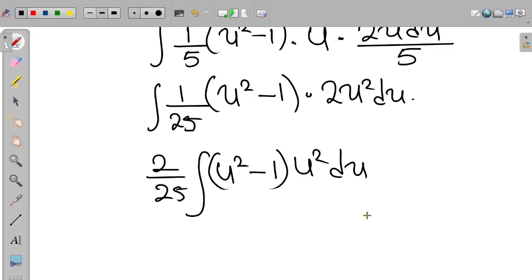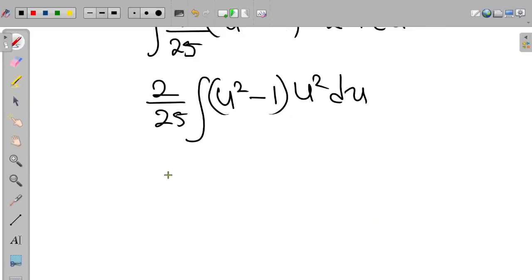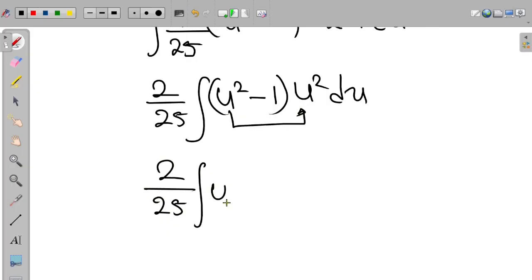So if we open up the bracket, this becomes 2 divided by 25 integral of u squared times u squared, giving us u to the power of 4, and minus 1 times u squared is minus u squared, enclosed in the bracket, multiplied by du.